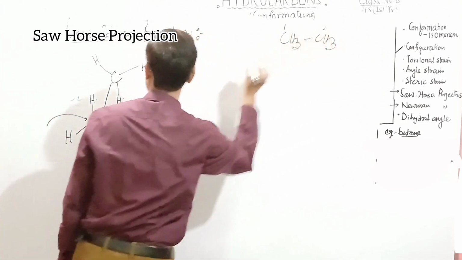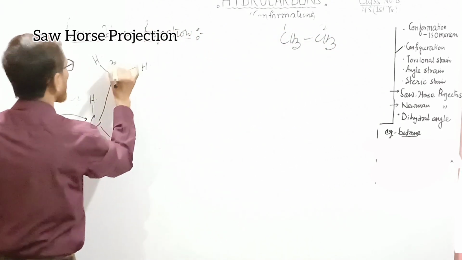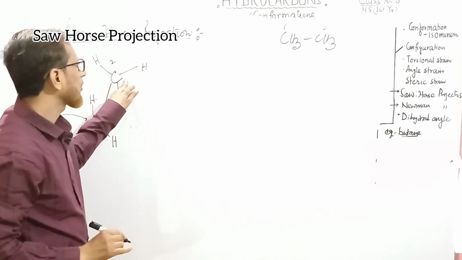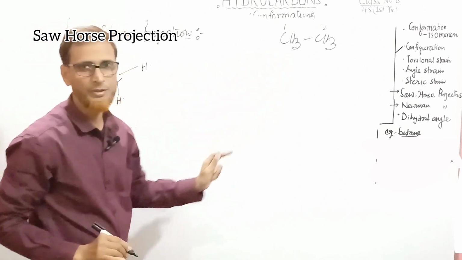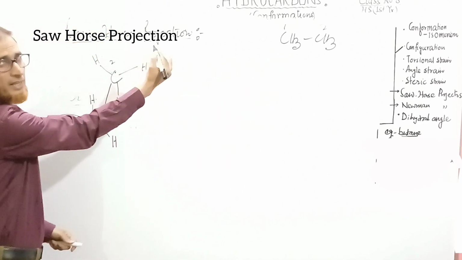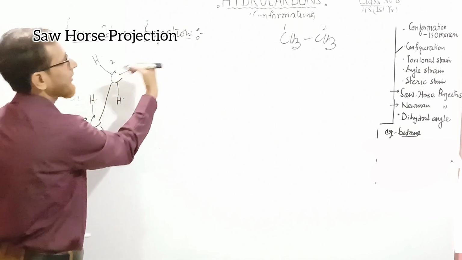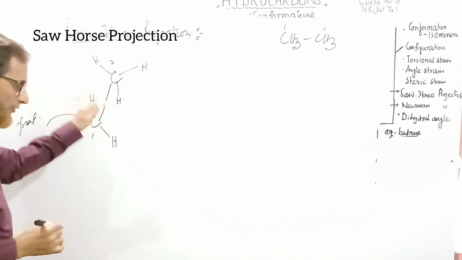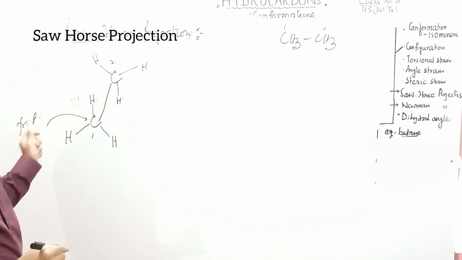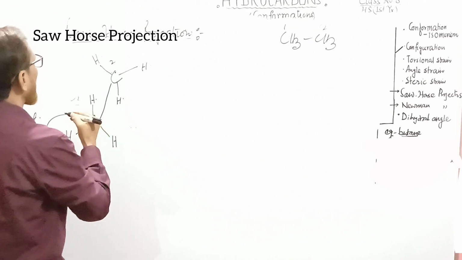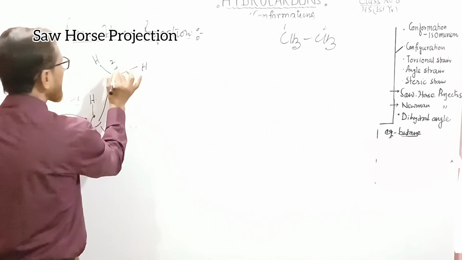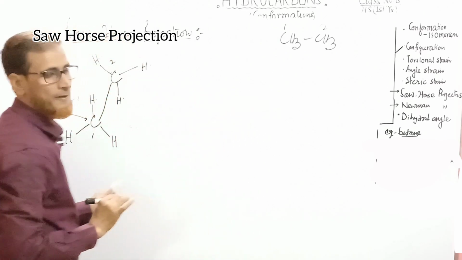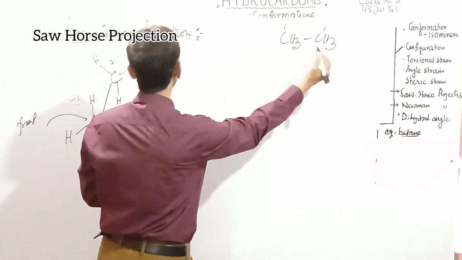This is carbon 1. That carbon is called front carbon, and that carbon is called rear carbon, far away carbon. So near carbon, far carbon, front carbon, far away carbon. This is front carbon, towards the left below, and in some tilted way we draw another carbon towards the right, and that is represented as the far carbon.